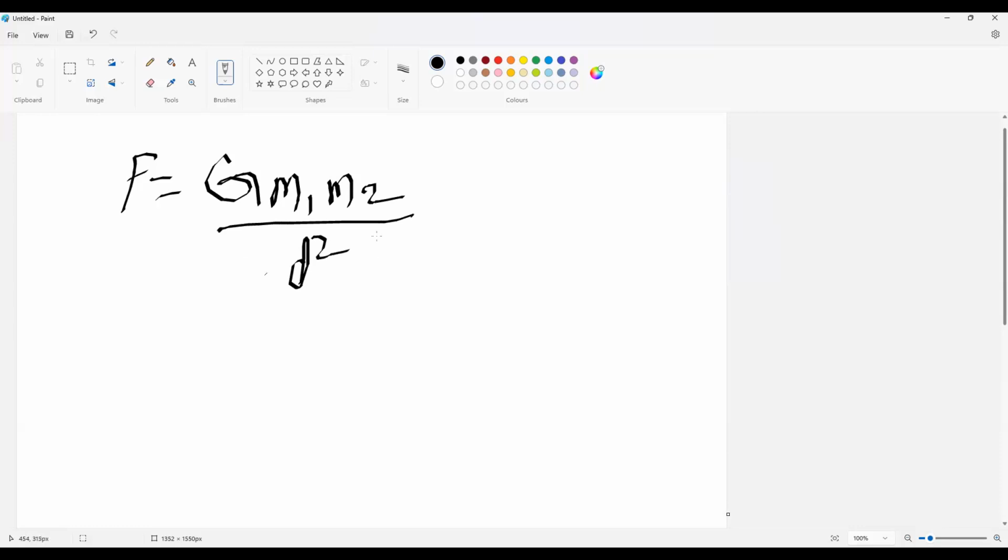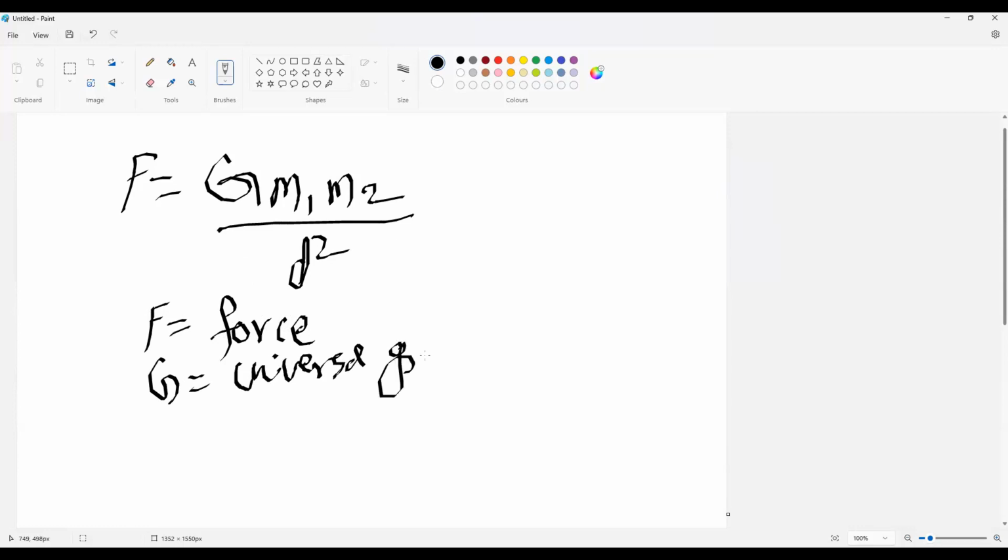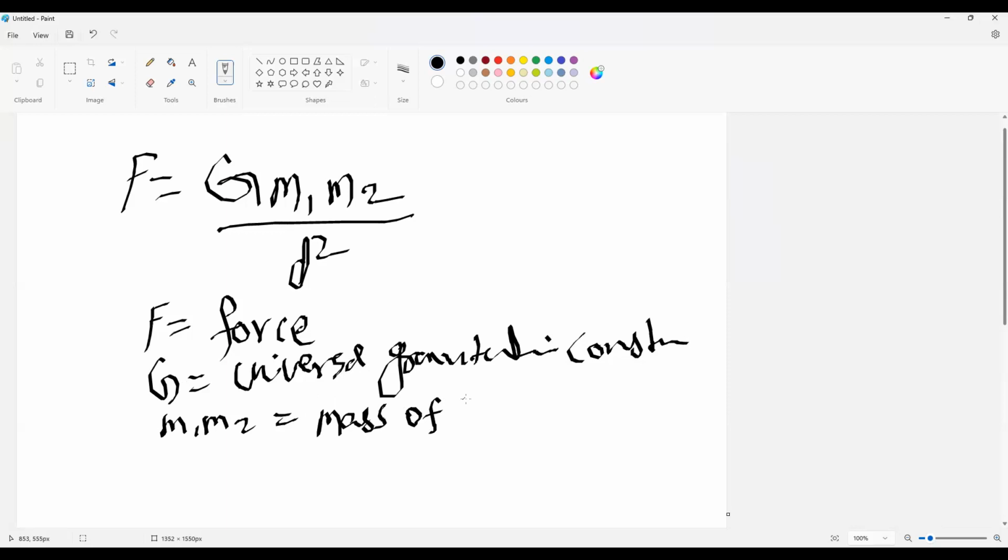Here F is force, G is the universal gravitational constant, and M1 and M2 are the masses of the two objects.